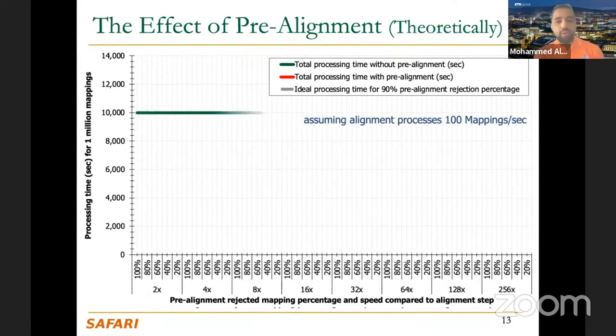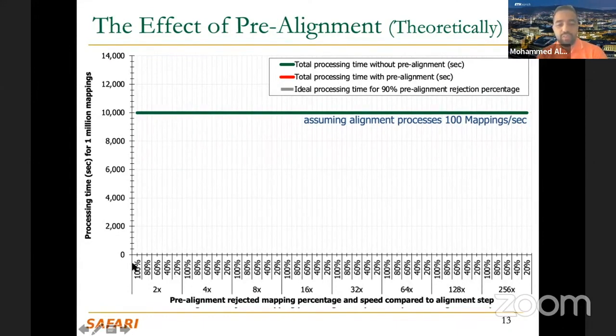Now, remember, going back to the question I asked earlier: why can we not remove all incorrect mappings or all dissimilar sequences? This is a plot that has too much information, so I really need your focus here. On the x-axis, we have information on the filtering.